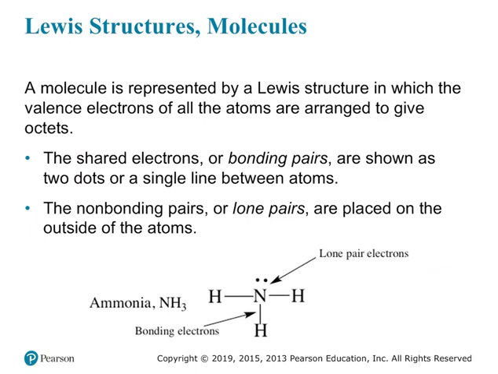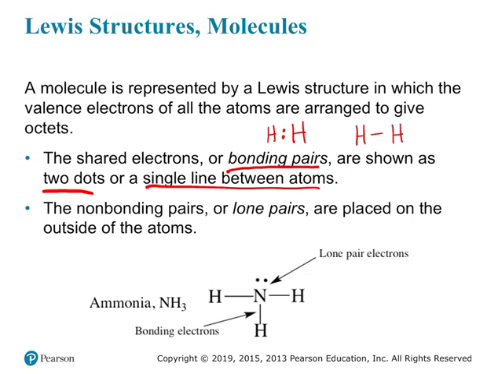So we can show shared electrons, or what we call bonding pairs, as 2 dots, so kind of similar to what I drew on the last slide. Or we can draw a single line to represent a covalent bond.